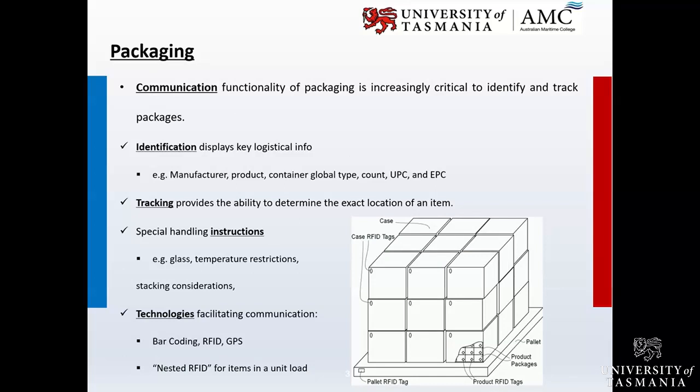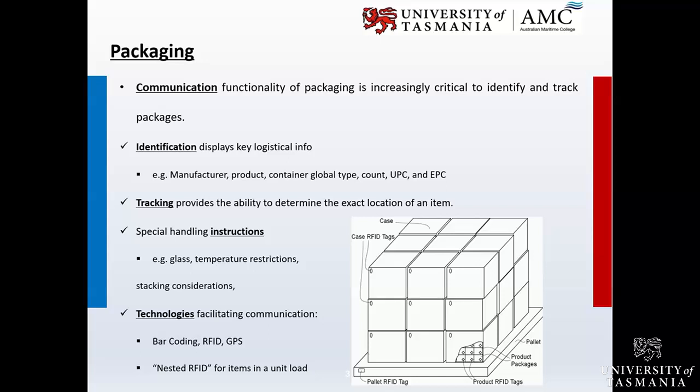In addition, packaging has the communication function. It means it can identify your product and you can track your product. For example, the identification can display some key logistics information. And also you can track your product to know the exact location of your product.